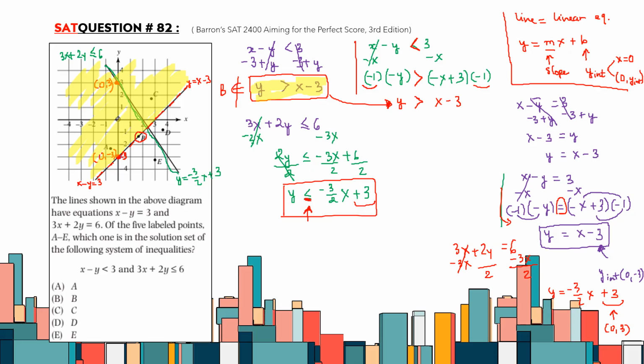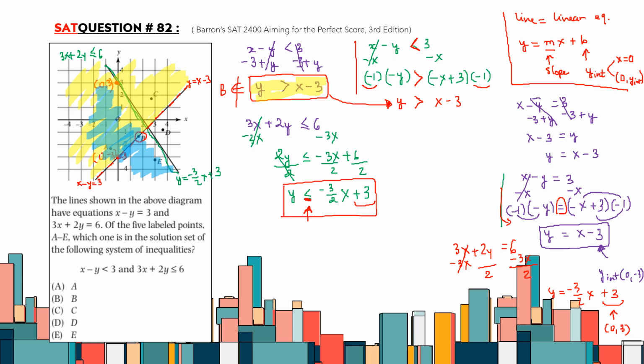So it's y less than, so less than that line means it's below that line. So we can highlight it with the blue part. So below it is this part. Okay, and which one is the intersection of those two?